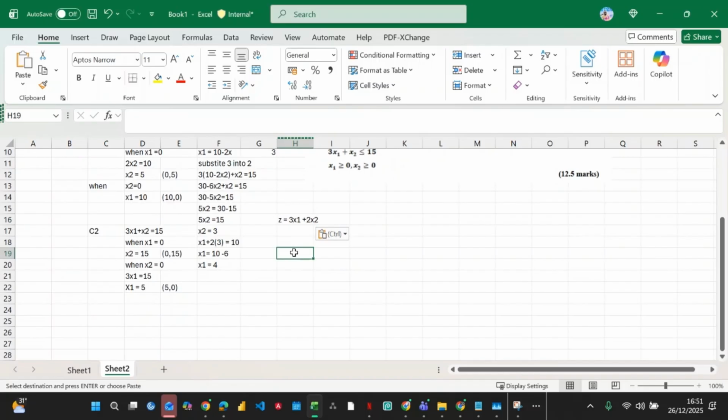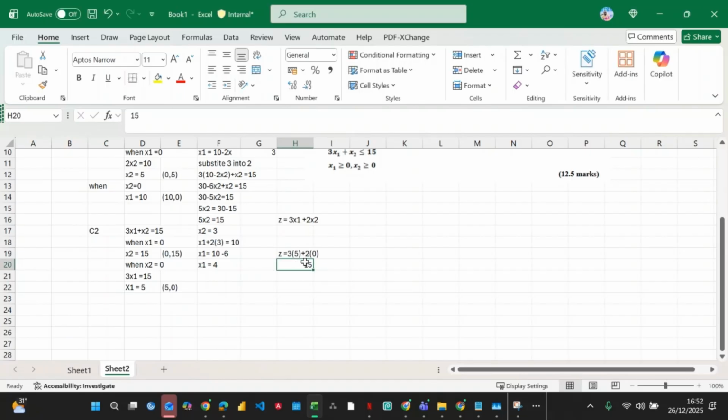So if we are picking this, when our x1 is 5, we can say our z equals, let's pick this one first, 3 times 5, x1 is 5, plus 2 times 0.